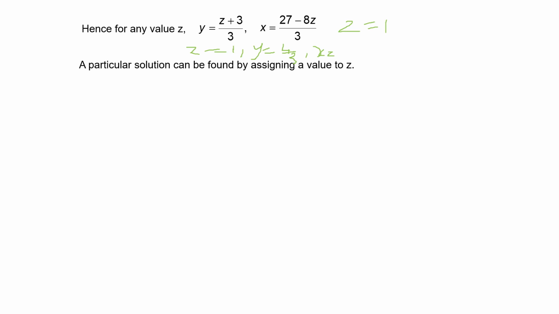Okay, so you will get a respective x, y, z value depending on the z value assigned. So a particular solution for this system can be found by assigning a value to z. When z is 1, it has one set of solutions. When z is 2, it has another set of solutions.